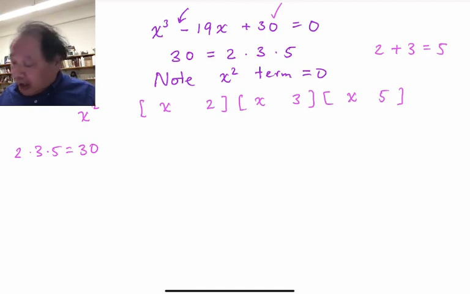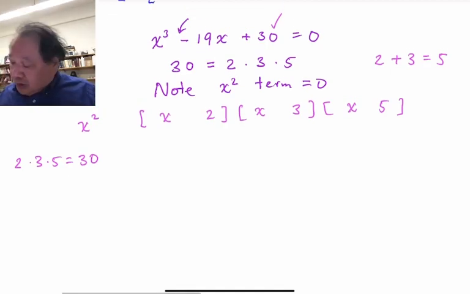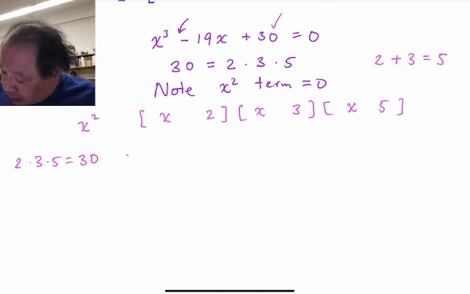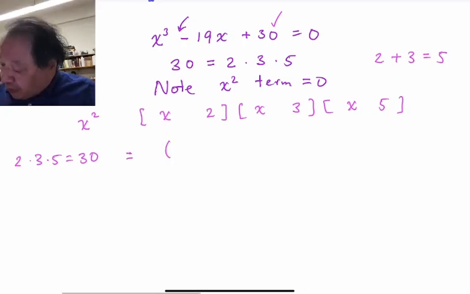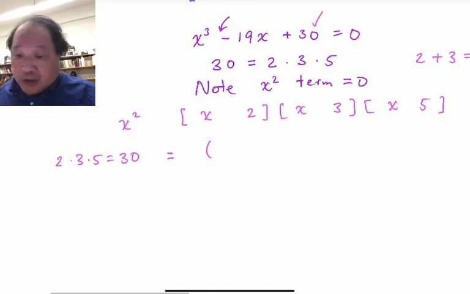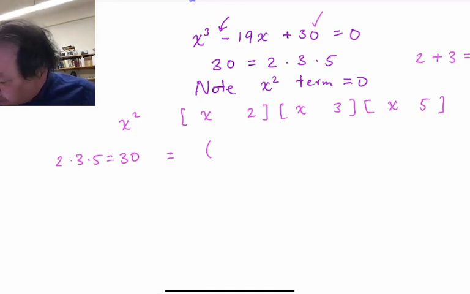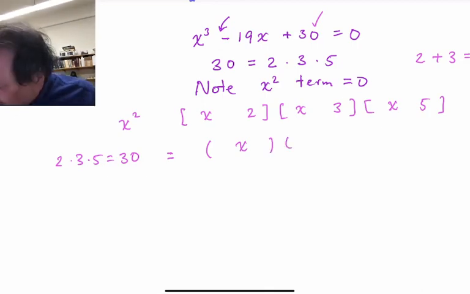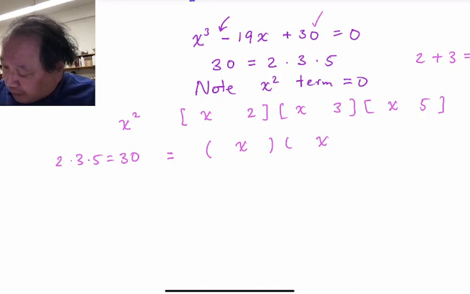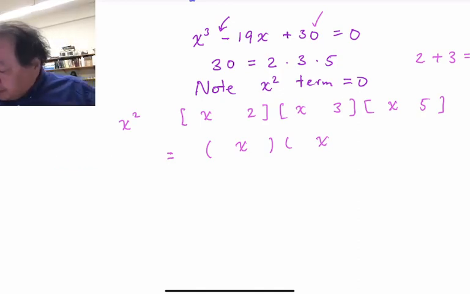And now let's look at that x squared term. From the first group, the x and the 2, we're going to pick the x first time. From the second set, the x and the 3, we'll pick an x again. That way we're going to have an x squared term.